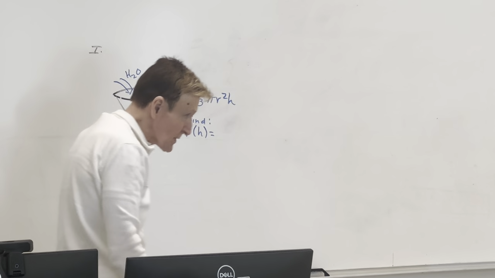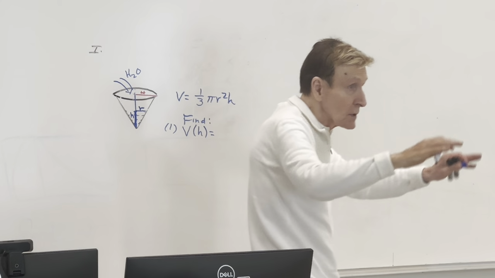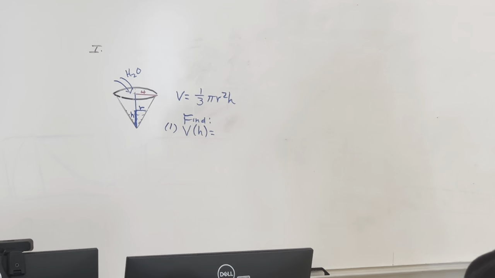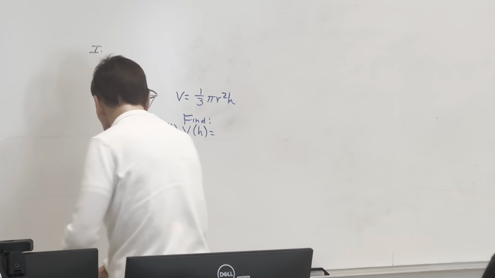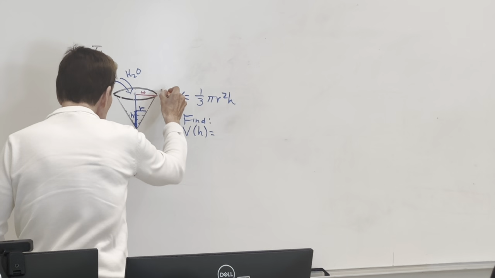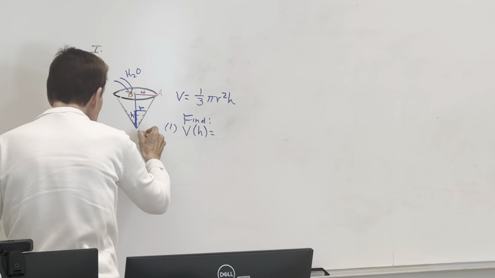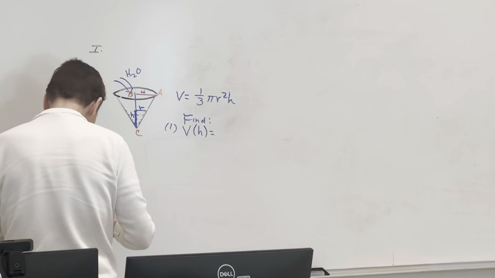Now, if someone's clever, and someone may have looked at this problem over the weekend, does anyone see anything at all in that sketch? Let me label this in capital letters to give you a better hint.